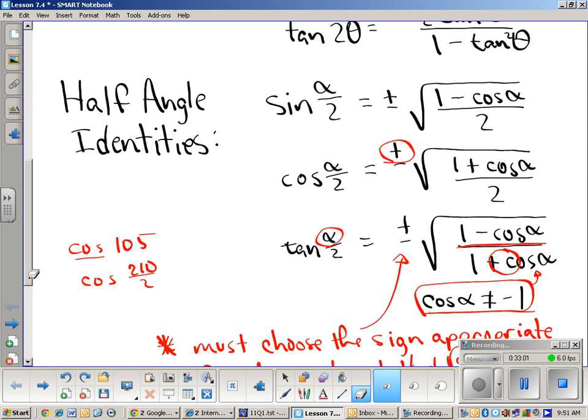Square root of 1 minus cosine over 2. And the other is cosine, square root of 1 plus cosine over 2. Okay? So let me go back to it.